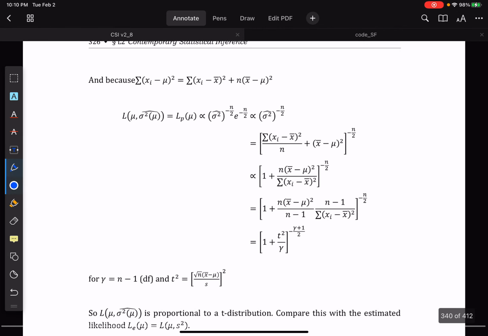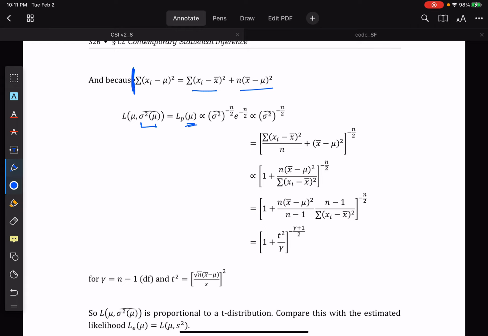All right, now I can mess around a little bit with the sum of squares. Because the sum of xi minus mu squared, I can break this up into these 2 pieces, sum of squares pieces. And then you can reduce things. And so here's mu, and here's the new variance. And notice that depends on mu too. So I can just write this as a function of mu.